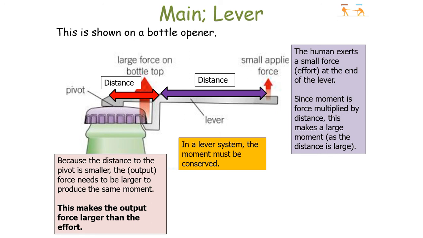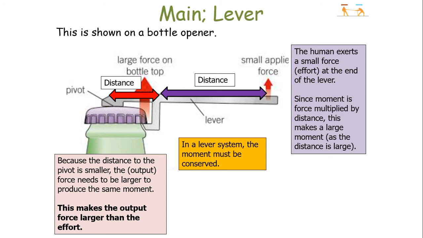So the human has quite a high distance away from the pivot. So as a result, they only need to exert a small force to get a moment of a particular size, but then past that, the bottle top opener is a small distance away from the pivot.